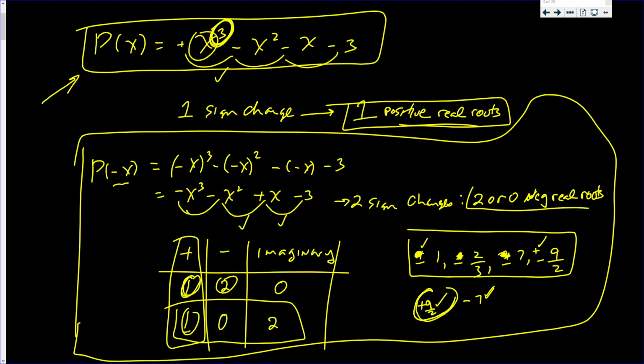It happened to be rational, but there's only 1 positive real root, so we're not going to look at those other 3. Likewise, if we found that -7 worked, then I would definitely hope that -1 or -2/3 or -9/2 would work. But again, if we were already down to a quadratic equation, we can use the quadratic formula to find the other 2.